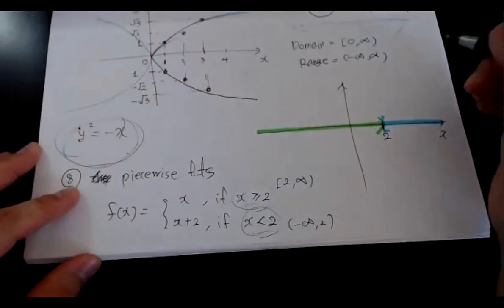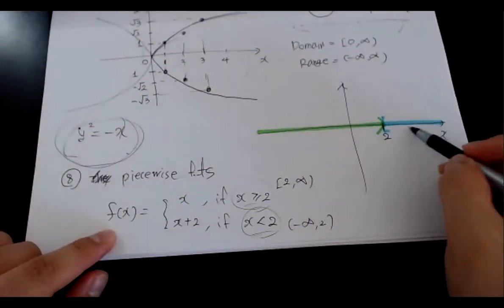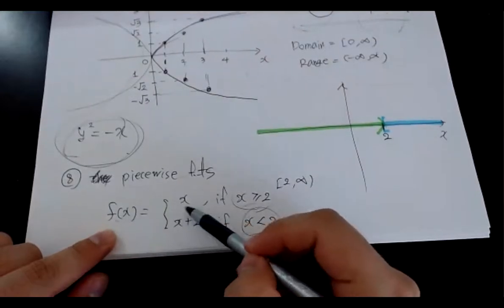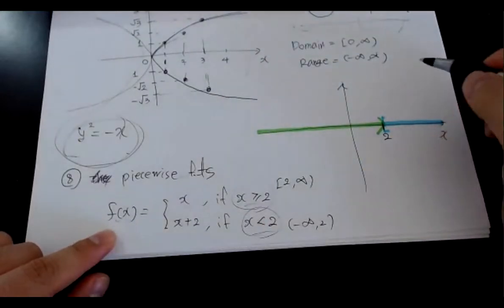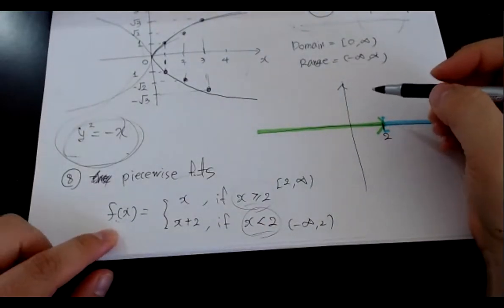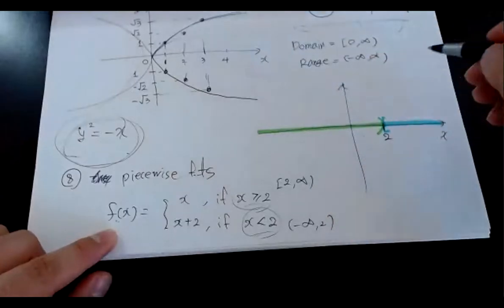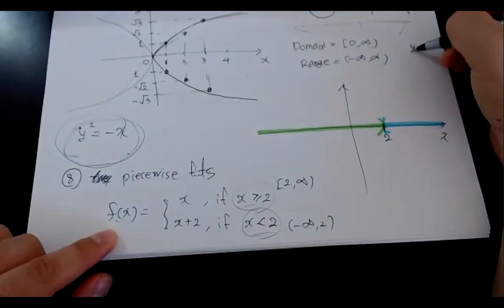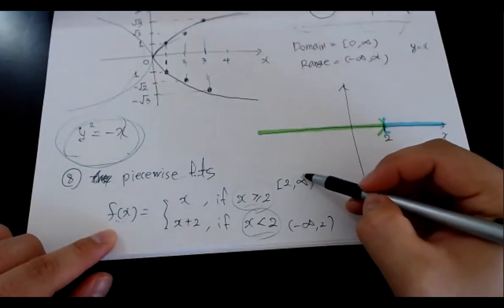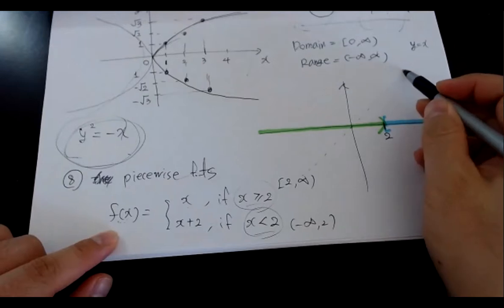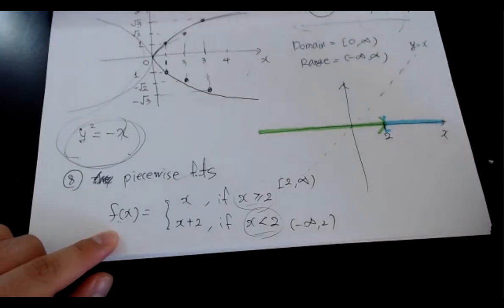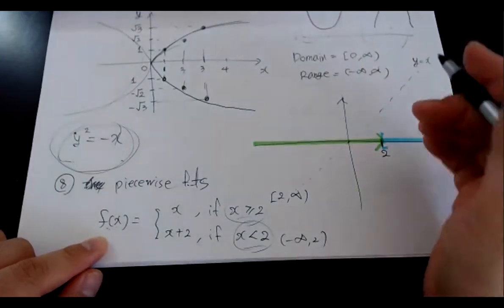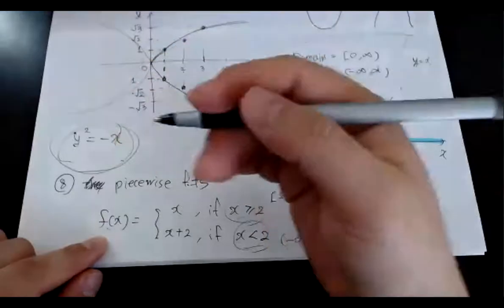Here on the interval 2 to infinity, f of x is defined by x. So what's the graph of y equals x? This, right? We're gonna cut this part out.